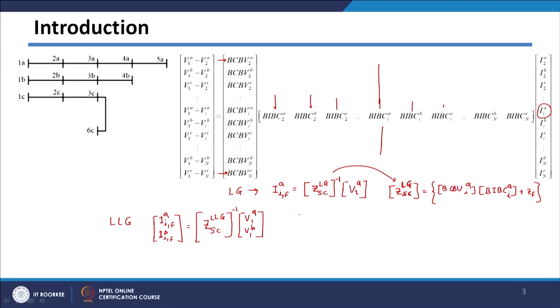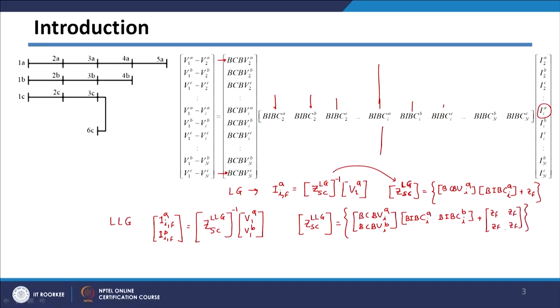In this case Z short circuit for LLG fault is obtained by taking two rows of BCBV, corresponding to A phase and B phase, multiplied by the BIBC columns corresponding to A phase of the ith bus and B phase of the ith bus, plus ZF, a 2 by 2 matrix.